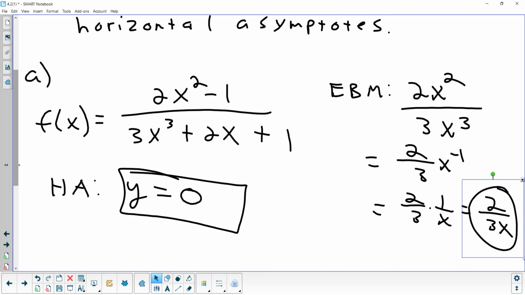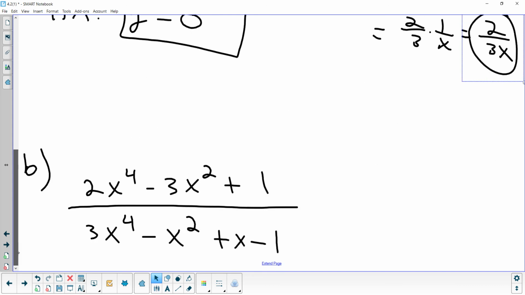Now, will this EBM ever reach 0? No. What if I plug in 1 billion? No, it's still 2 divided by 3 billion. That's not 0. It's small. But the point is, it never reaches 0. Okay, any questions on that? All right. So again, step 1, find the EBM. Step 2, let x approach infinity in the EBM and tell me what number you get close to. In this case, it's 0.